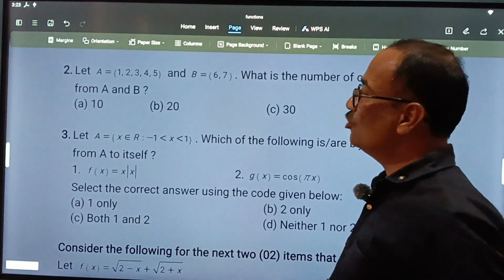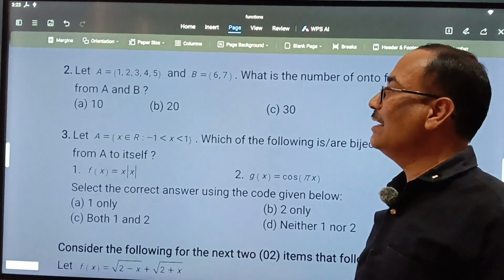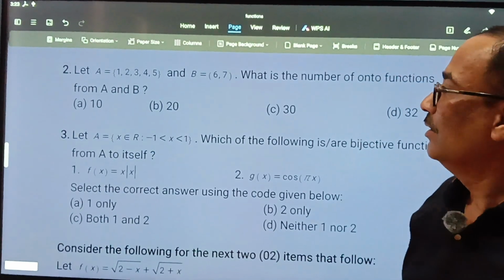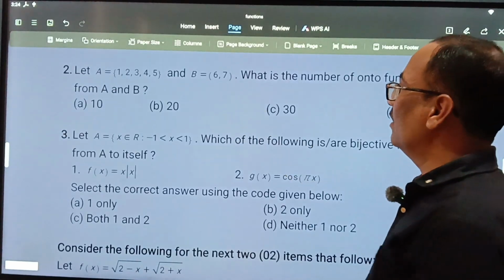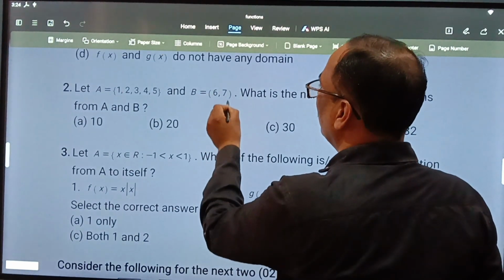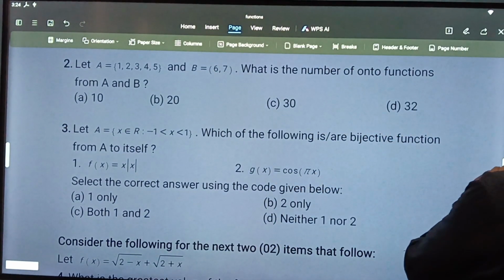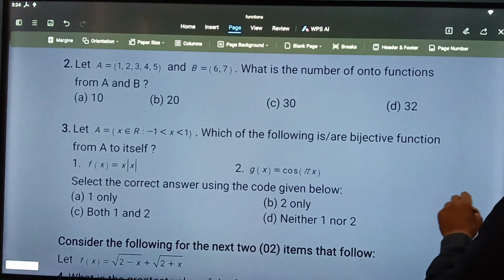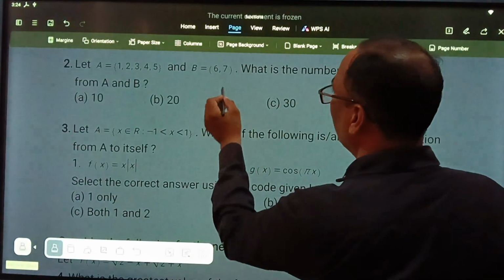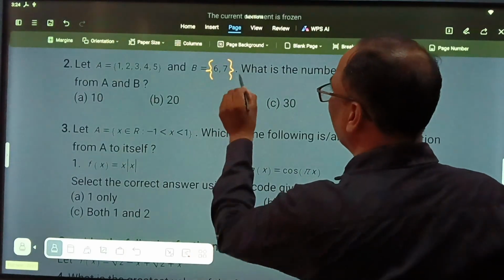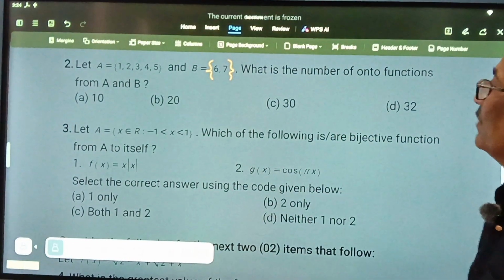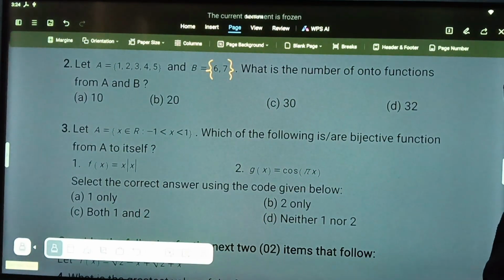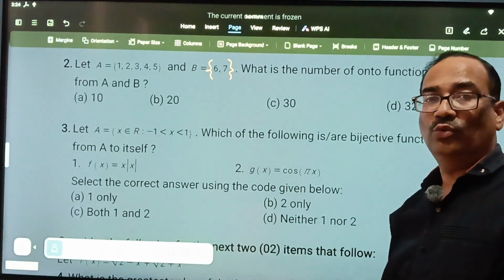Here is the question. Let A containing 1, 2, 3, 4 and 5, B be the set containing 2 elements, 6 and 7. Here an interval sign is there, but it is a set which contains only 2 elements. What is the number of onto functions from A to B?